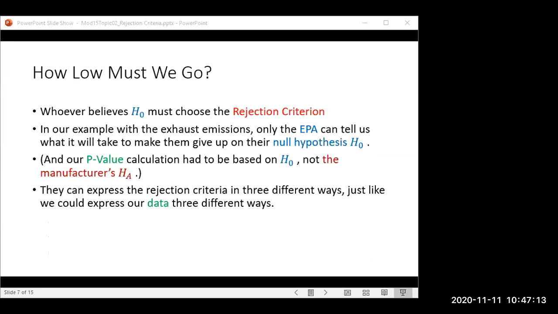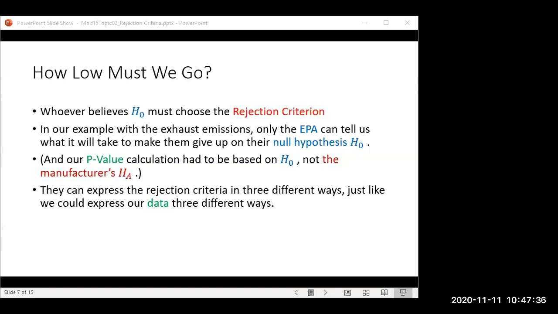Okay. And when we did our p-value calculation, it had to be based on the null hypothesis. We have to be able to say to them, see, if we calculate probabilities your way, then what we just saw should not have happened. But it did, so you must be wrong.